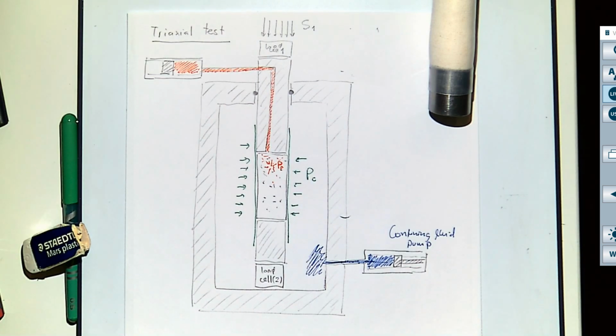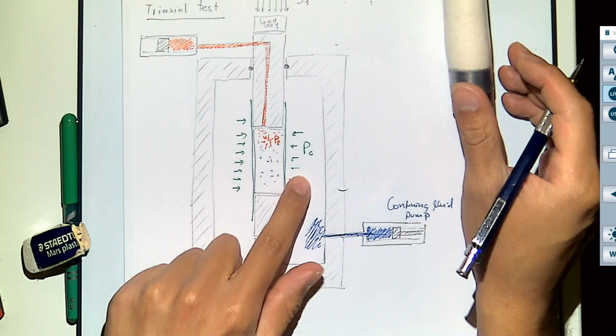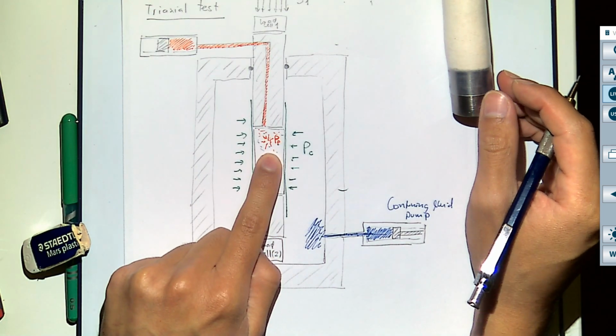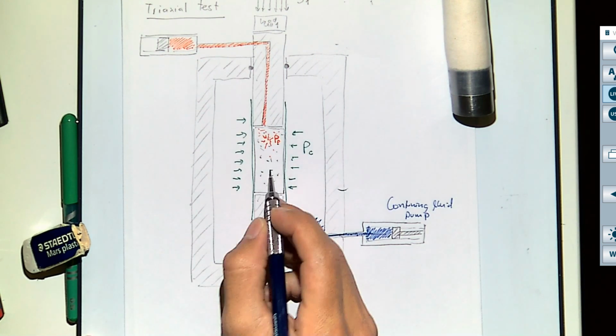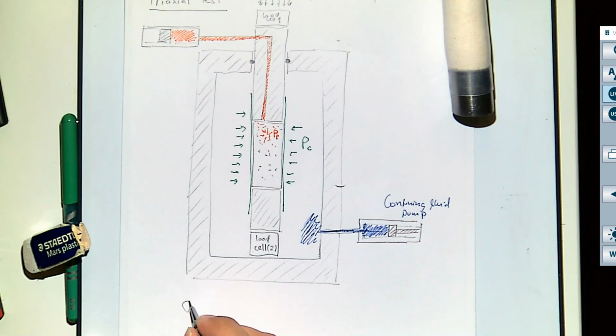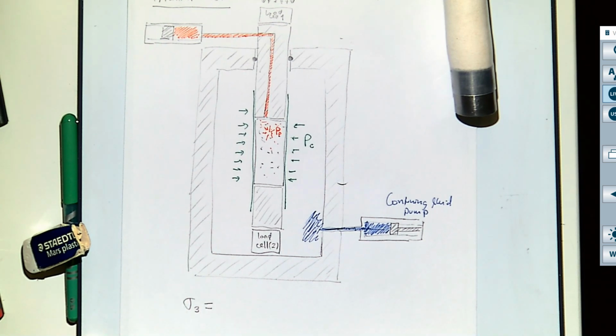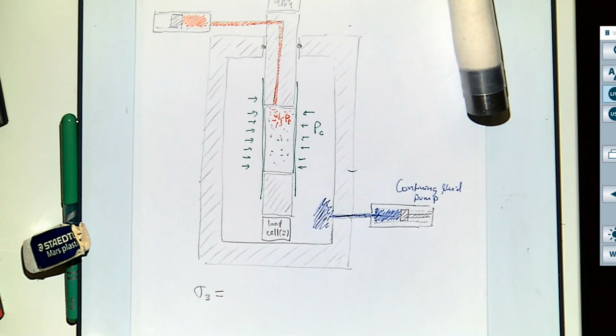Question: let's say that PC is different than 0, PP is different than 0, and this one is different than 0. For this rock, what is going to be your minimum effective stress using those variables over there? Which one? PC minus PP. Very well.